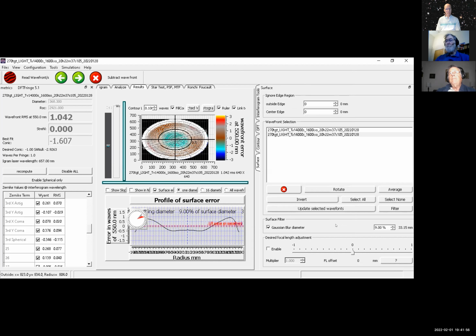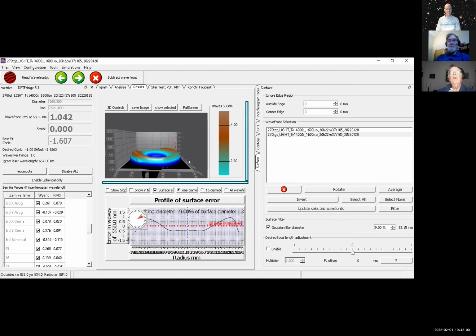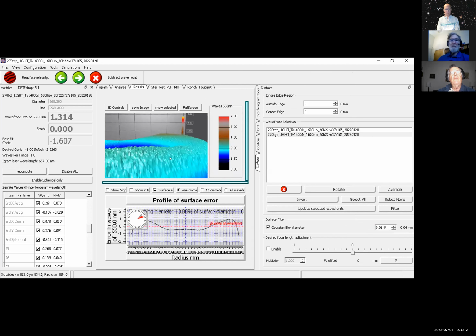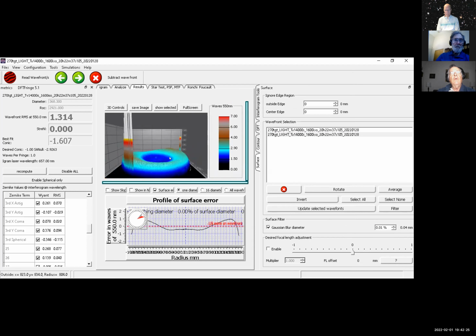So going back to this point here, down here it says that I've got a Gaussian blur of 9% of the diameter. If I go down further, all of a sudden you can see this ripply effect. That's just the noise in the data.